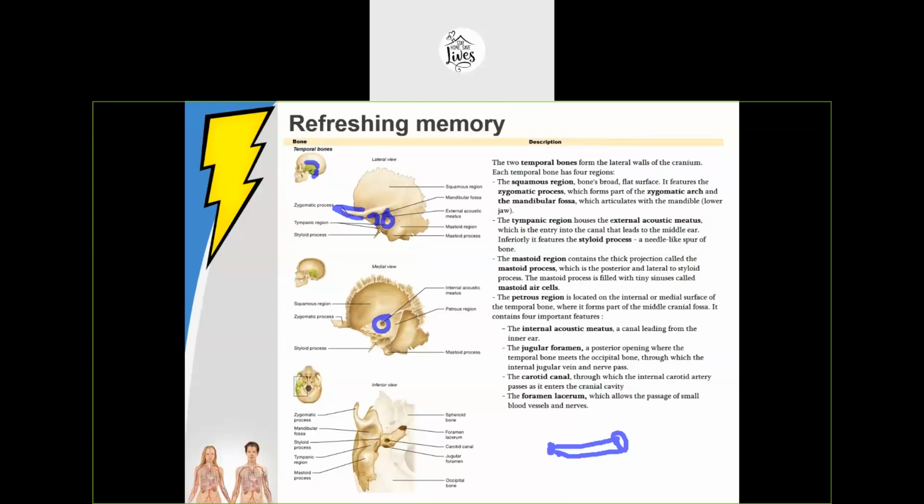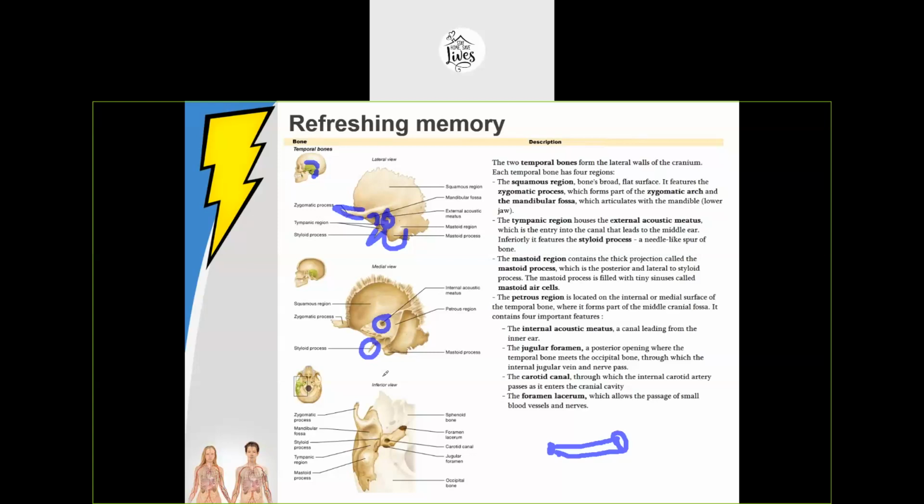Next we have the styloid process that is needle-shaped, projecting inferiorly, and we have the mastoid process as well. This mastoid process is filled with air, making up the mastoid air cells, making up the mastoid sinus.